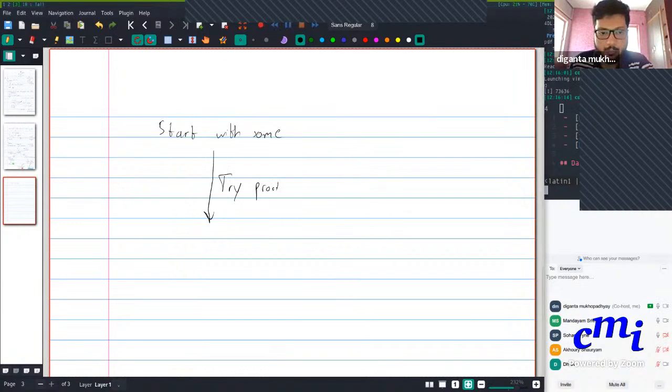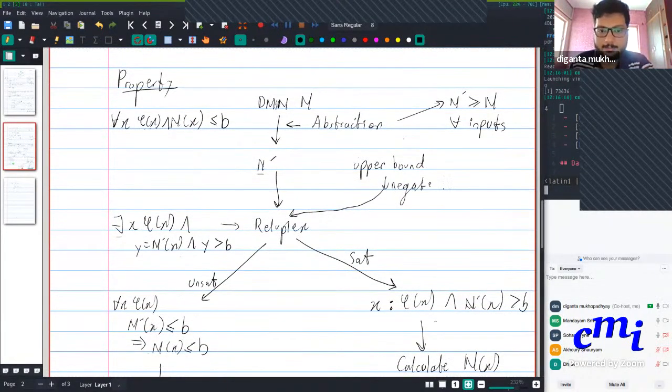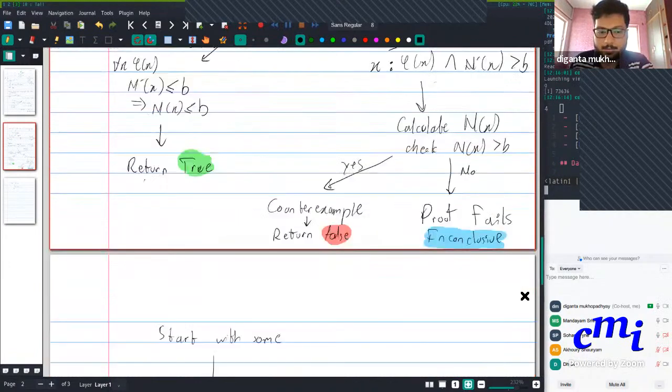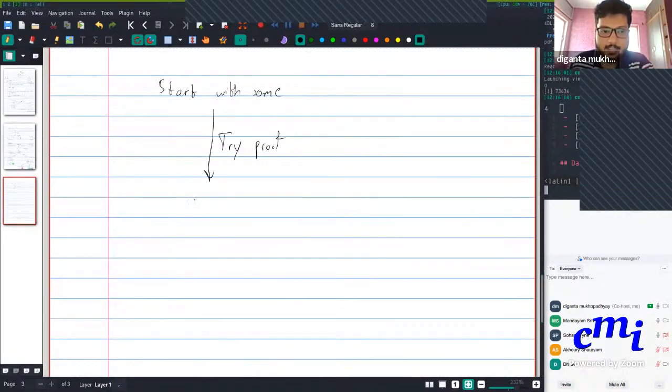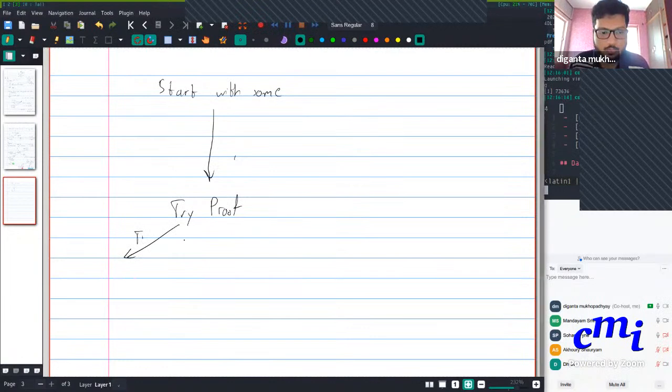When I say try the proof, you do this entire thing, and again this try proof is the entire code that you have written. If it returns true or if it returns false, then you can just output that.